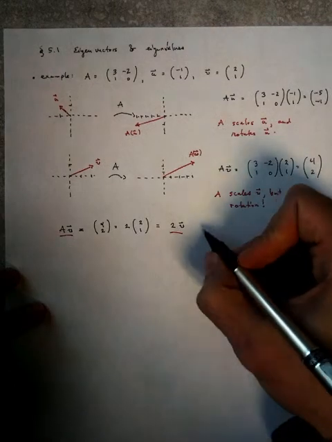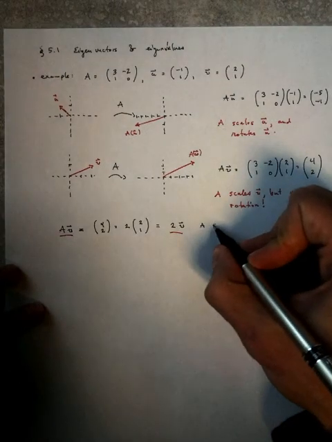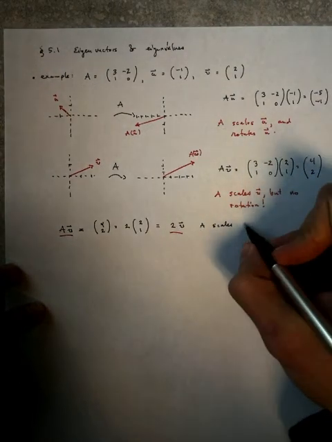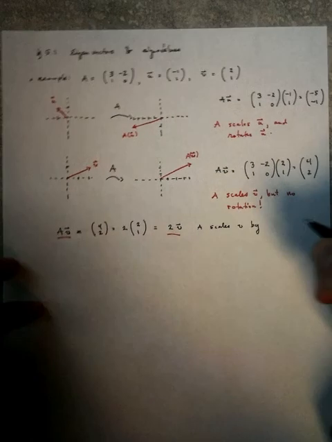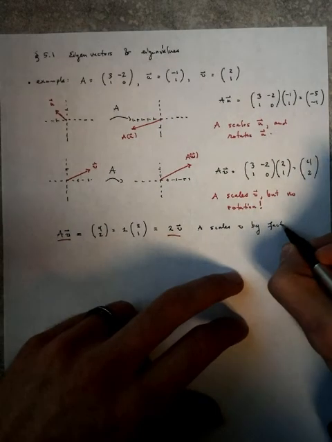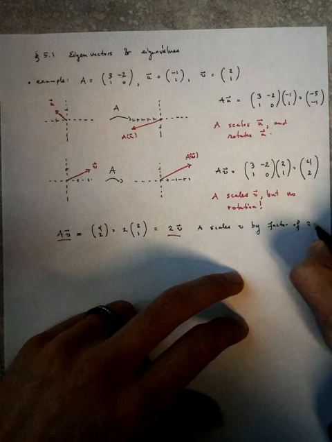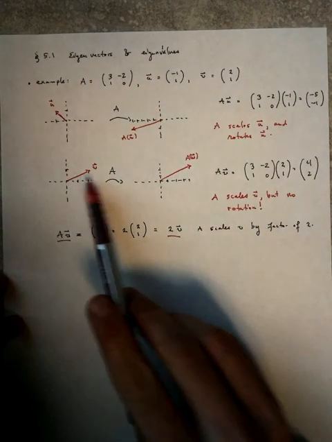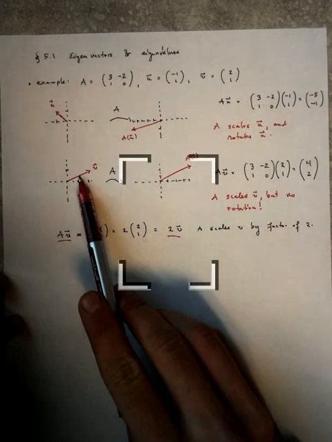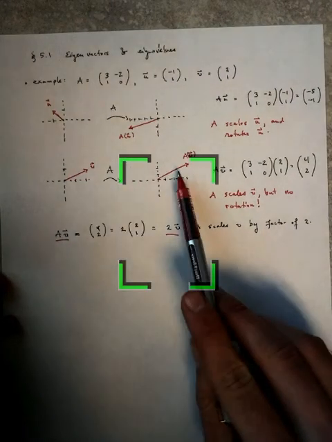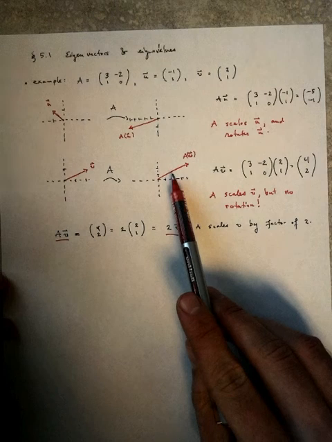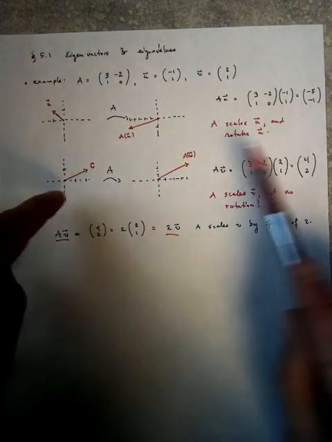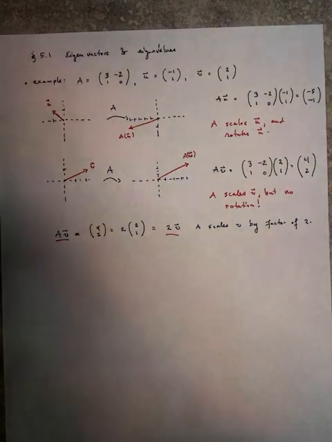So this equation says that A scales V by a factor of 2. Okay, and if my picture were better, you would see that this vector here is twice as long as this one. My picture isn't so good, but that's the idea, is that A just stretches this vector out by 2. Okay?